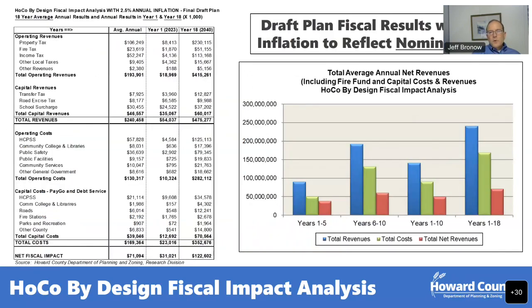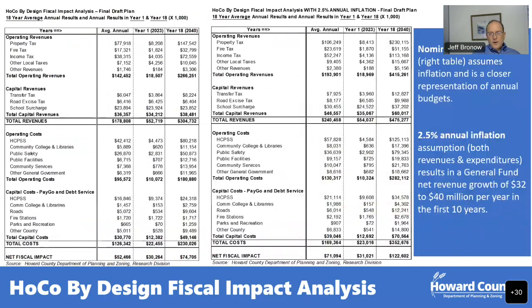So using the 2.5%, the results end up to 71.9 million average annual revenues. Year 1 increases to 31 million, and year 18 increases to 122.6 million. So those are the inflation numbers. And then this compares the original chart without inflation on the left and the new chart with inflation on the right.